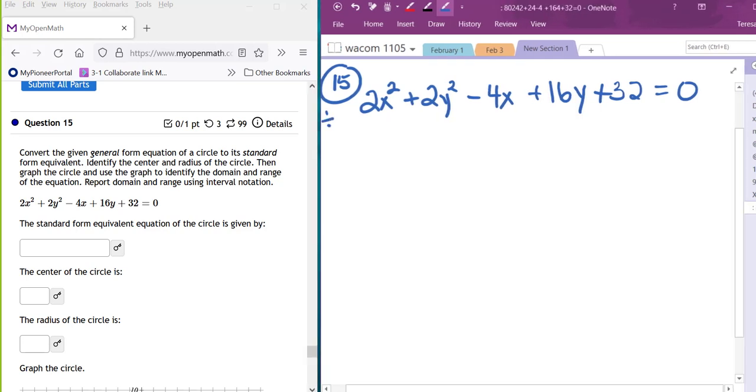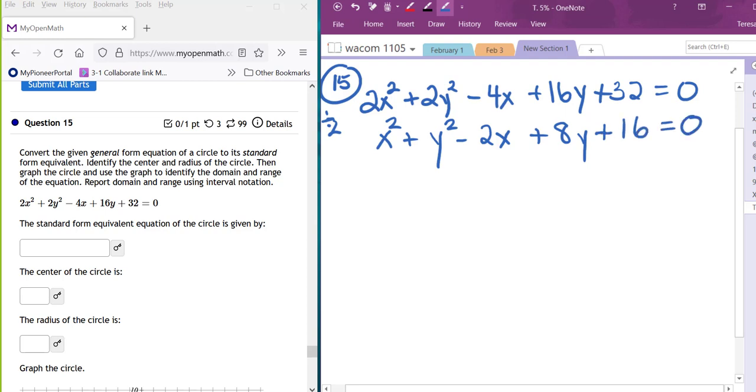We're dividing by 2. All right, so 2 divided by 2 just gives us x² + y². 2 into 4 will go 2 times. 2 into 16 will go 8. 2 into 32 will go 16. And 0 divided by 2 is still 0.